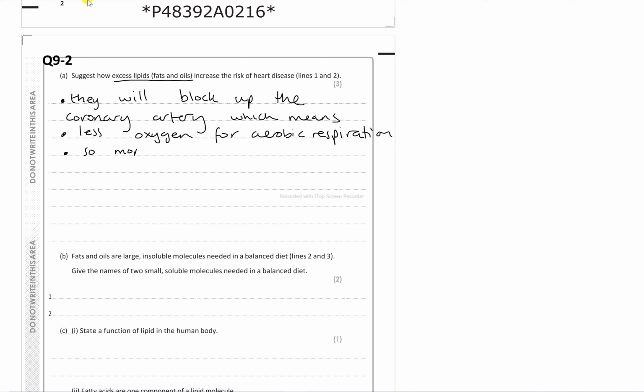So more anaerobic respiration occurs, meaning more lactic acid is produced.